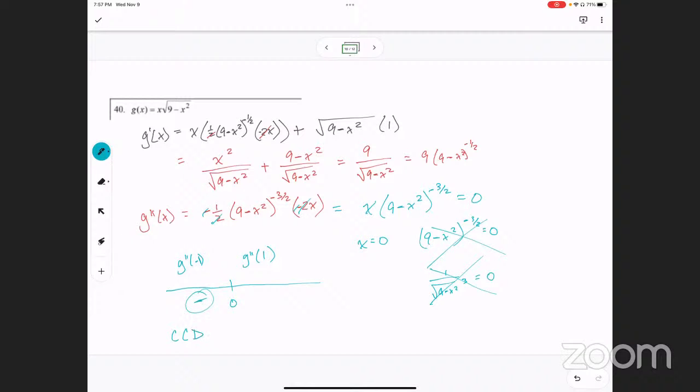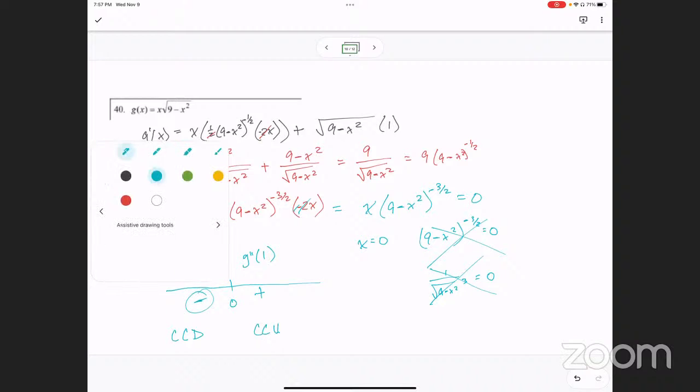And if you plug in a +1, that's going to be positive. So that's concave up. Now, if you go back to this original problem, what we should have done at the very beginning is state that, wait a minute, there's a domain restriction.